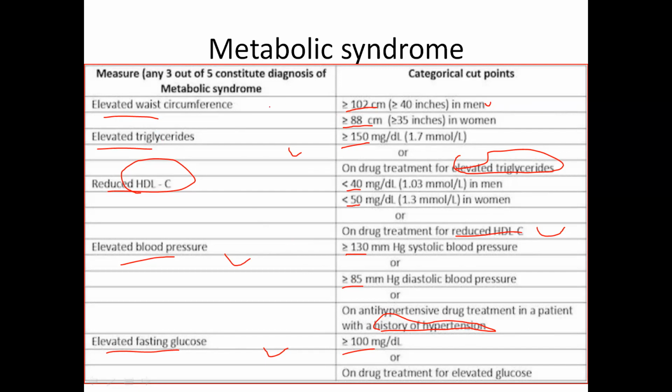So this patient definitely has metabolic syndrome. Any 3 out of 5 criteria diagnose metabolic syndrome, and our patient has 3 parameters and is in metabolic syndrome.